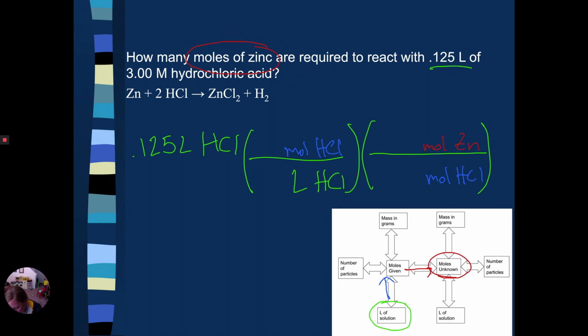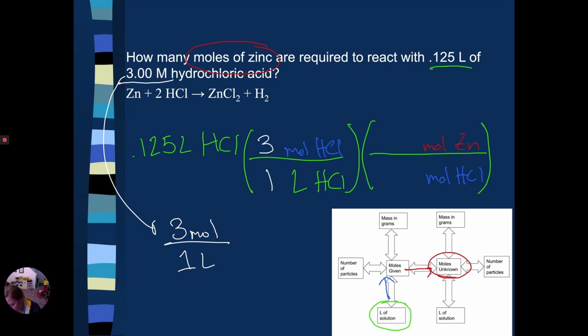Okay, let's plug in our relationships. So the thing that connects moles and liters together is molarity, which in this case is a 3 molar. Now once again, keep in mind that this means that there are 3 moles in every 1 liter. Okay, so since mole is on the top of our fraction, the 3 goes on the top, so it'd be 3 over 1.